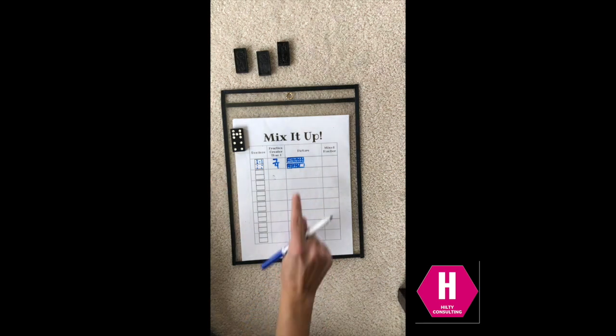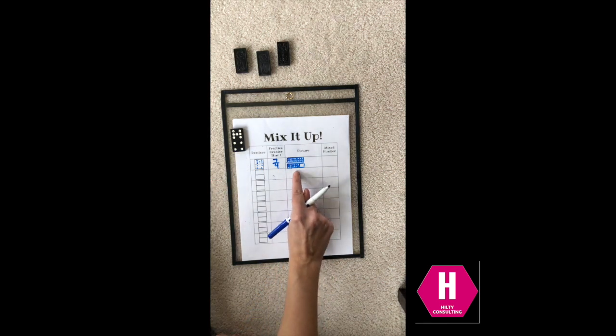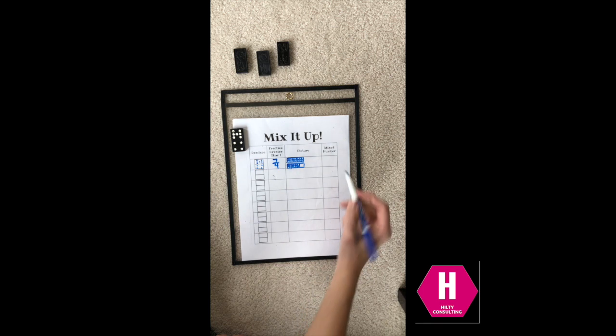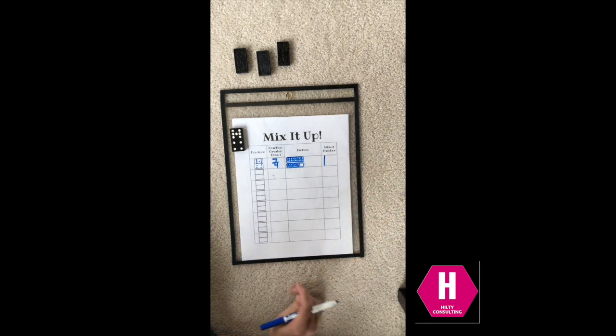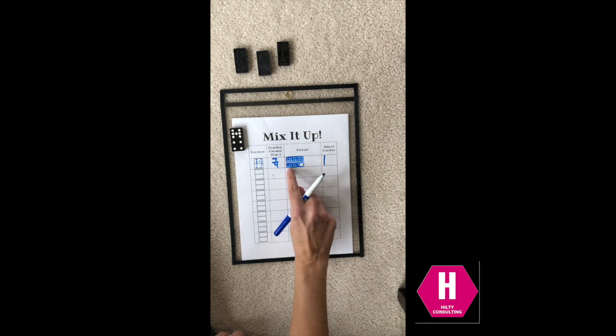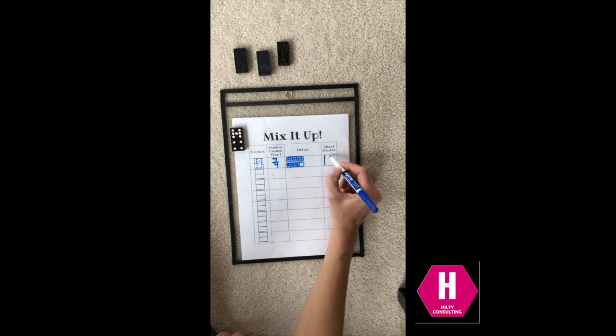Now students can have a very clear picture as to what our fraction is going to be as a mixed number. How many wholes have I shaded in? I've shaded in 1 whole. And make sure they get that number to be very large, to be a whole number. And what are the other parts that I've shaded in that did not get to be part of that 1 whole? I have 3 out of 4 parts shaded in.